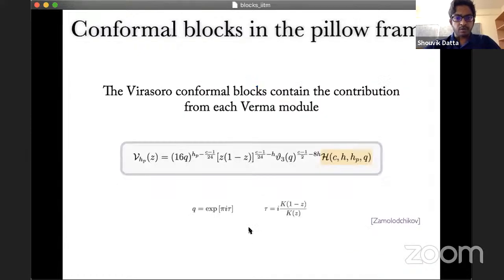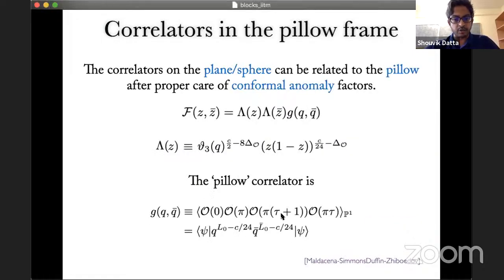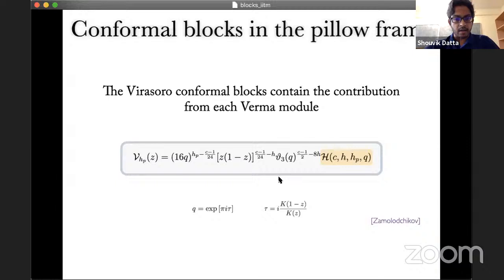Okay, and what the conformal block does is it takes the contribution from each Verma module in this trace. And one keeps into account the conformal anomaly factors from the last slide. And one has got this. And there are the extra contributions from the descendants, which is encoded in this quantity. Okay, so this part is known in closed form, but this can be determined via a recursive algorithm. So we know q expansions for this quantity due to the recursive algorithm by Zamolodchikov.